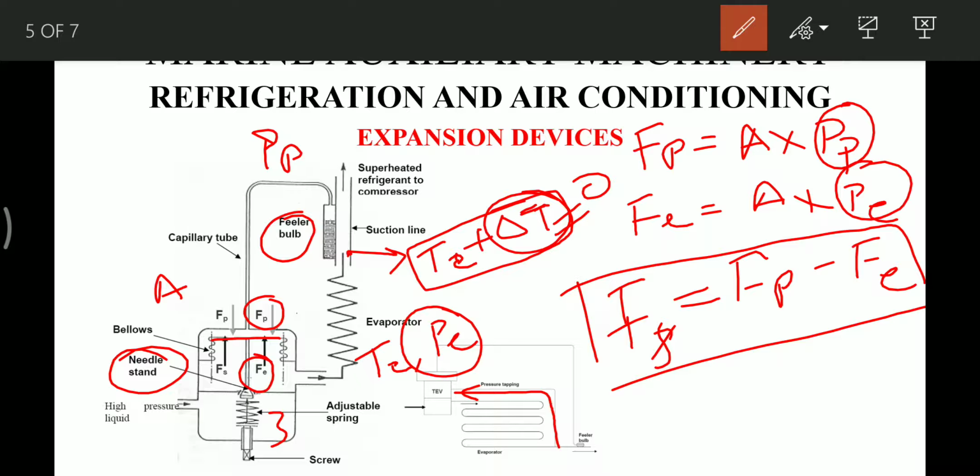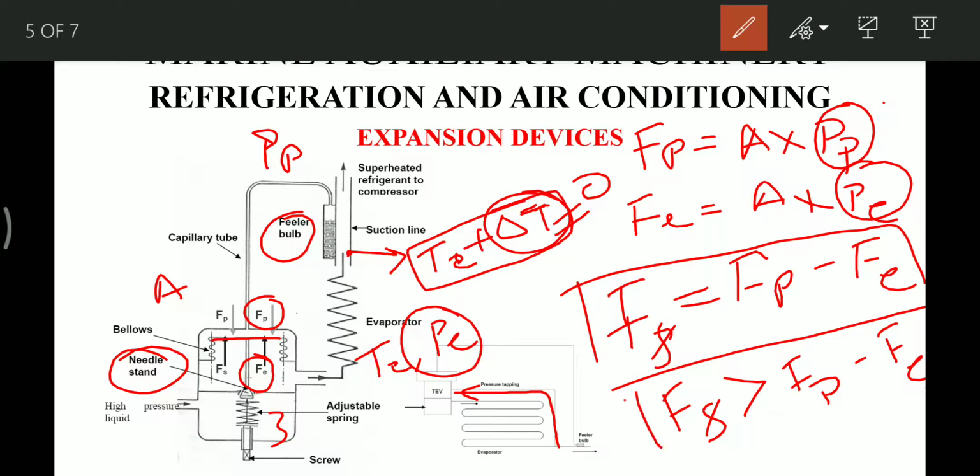But in case of a thermostatic expansion valve with cross charge, that is, the power fluid is different from the refrigerant, this Pp will be slightly greater than this Pe, because the saturation pressure corresponding to the Te will be different in this case. So this Fs will be slightly greater than Fp minus Fe.